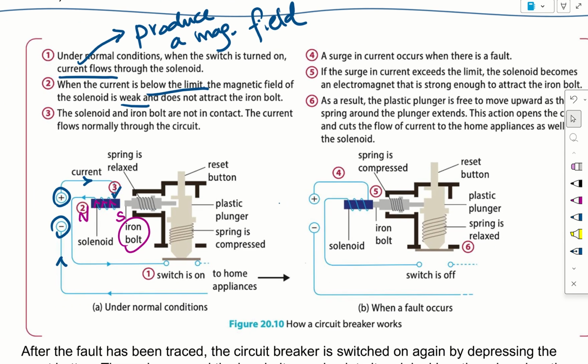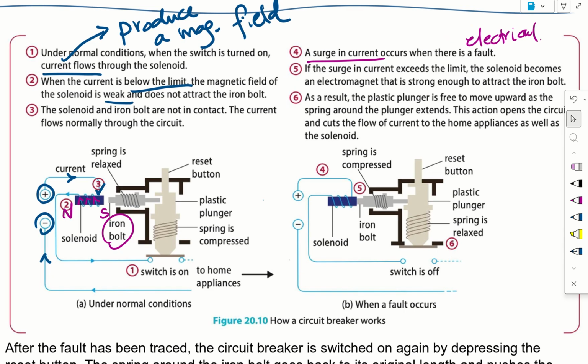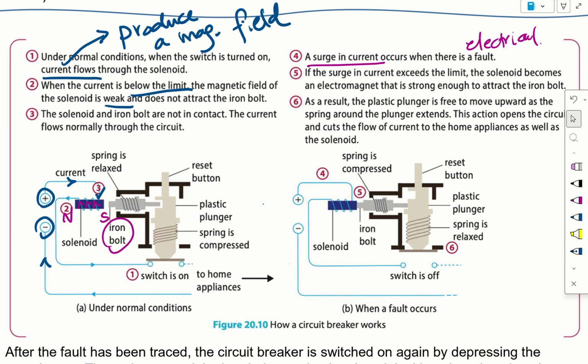And now there is a surge in current when there is an electrical fault. So the current increases. If the surge exceeds the limit, the solenoid becomes an electromagnet that is strong enough, or you can say it becomes stronger. The key point here is that it must be stronger because you are comparing.